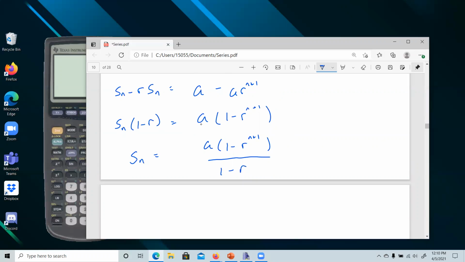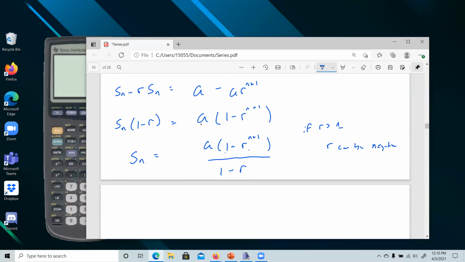And if r is big, right, if r is greater than 1, then we get negative over negative, so that's not going to be a problem. We'll get a positive number. If r is less than 1, then we'll get, again, positive over positive, so we'll be okay. R can be negative, right?